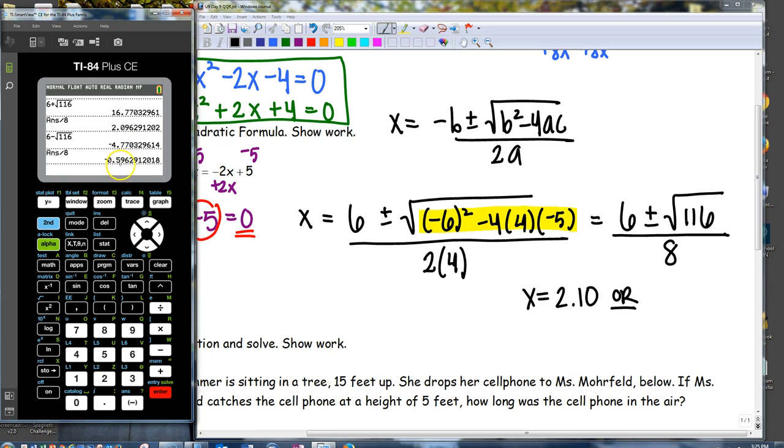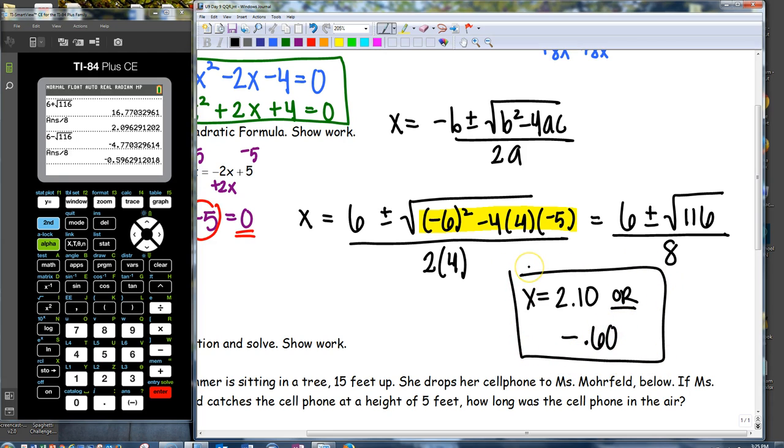And again, same situation. Your second number is a 9, but the 6 is going to move it up. So 0.59 will become 0.60. And make sure you have the negative as well. So x equals 2.10 or negative 0.60.